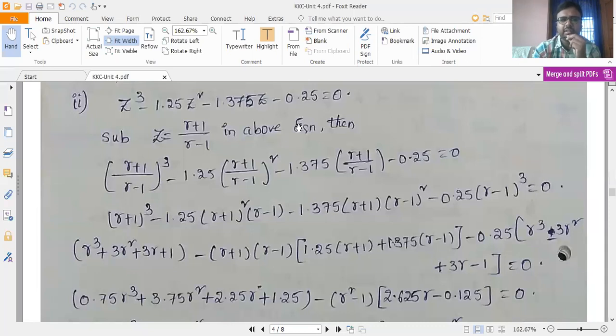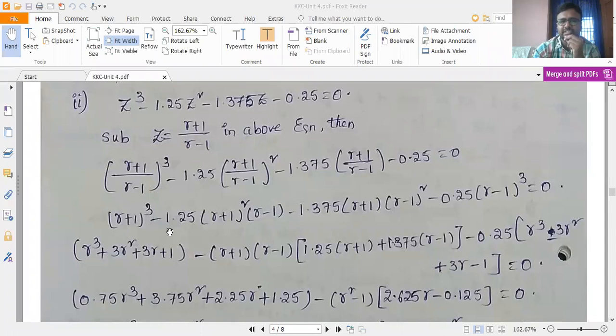But before framing the RH criteria table, you have to substitute z is equal to r plus 1 divided by r minus 1, converting the z plane to the r plane initially. So z has to be replaced with r plus 1 divided by r minus 1 in this equation.